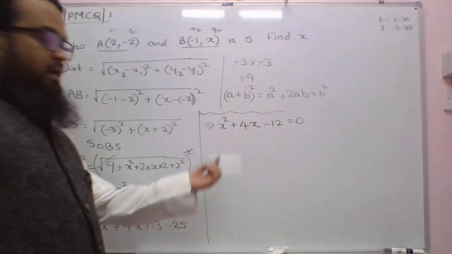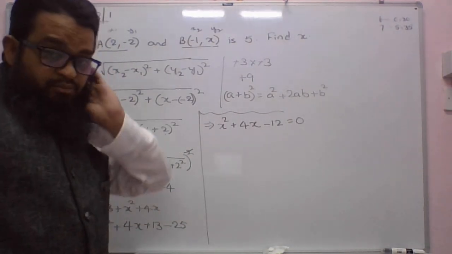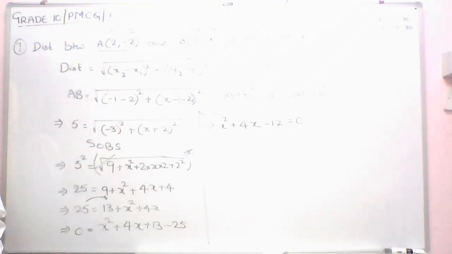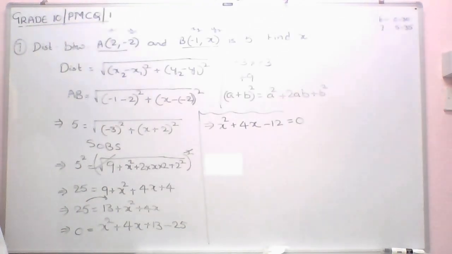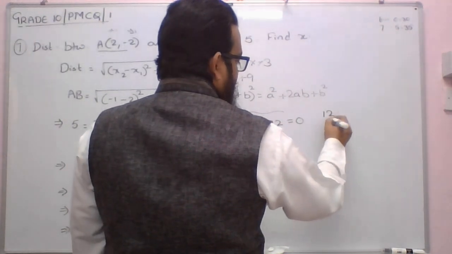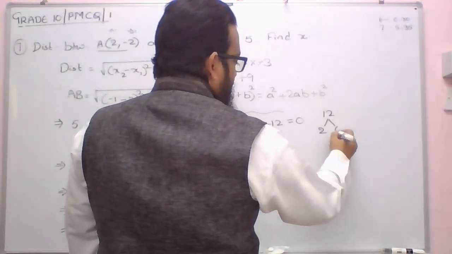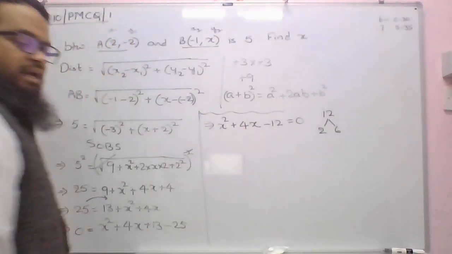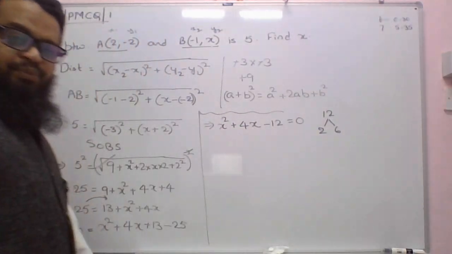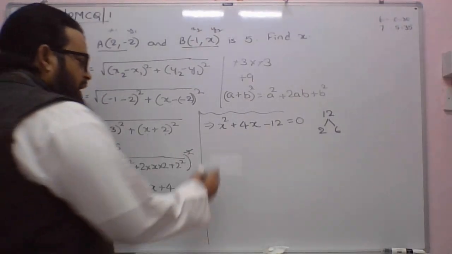Now how to solve? Because the numbers are very small, you can go for splitting the middle term. So 12, if I take 2 6s are 12. If I add, it will be 8, but if I subtract 6 minus 2, it will be 4. So therefore, I can use it.